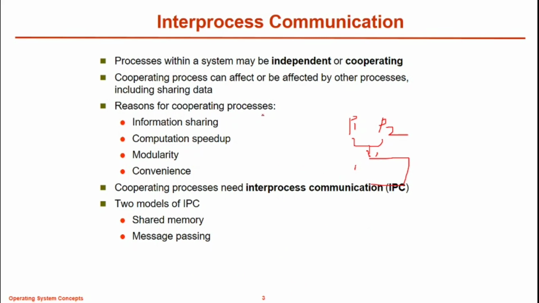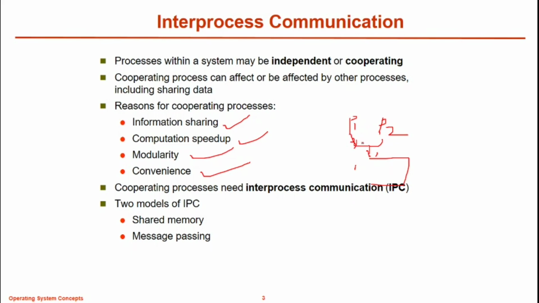The reasons for cooperating processes are information sharing, computation speedup, modularity, and convenience. So why should cooperation be there? If this process is holding some resources to complete its task, and another process also requires the same resources held by P1, at that time cooperation is required, so it can wait till the first completes its task.